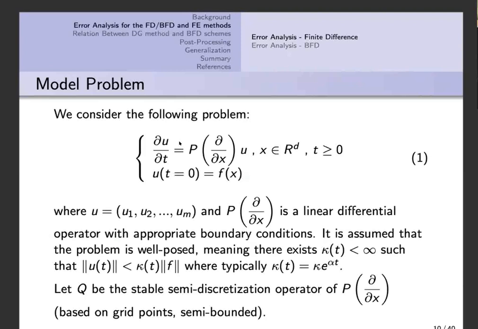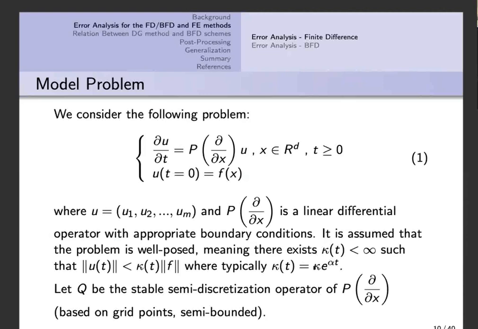We assume that the problem is well posed, meaning according to the standard definition, that there exists a function kappa of t, finite, such that the norm of the exact solution is bounded from above by this kappa function times the norm of the initial condition, where typically kappa is an exponent of alpha t times the coefficient.